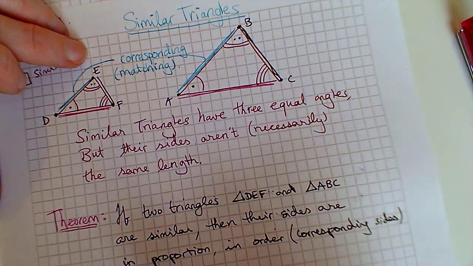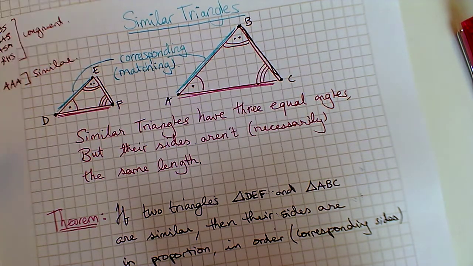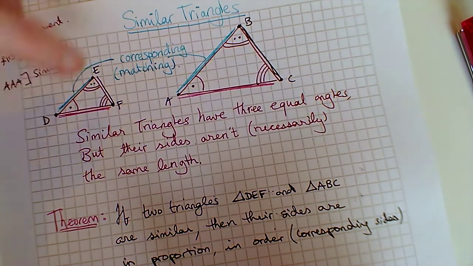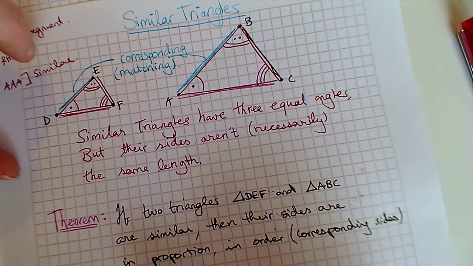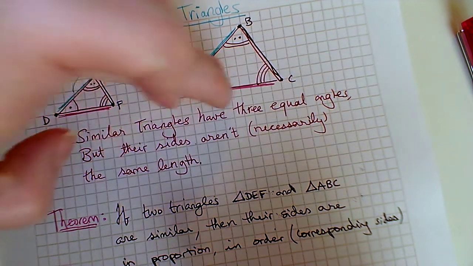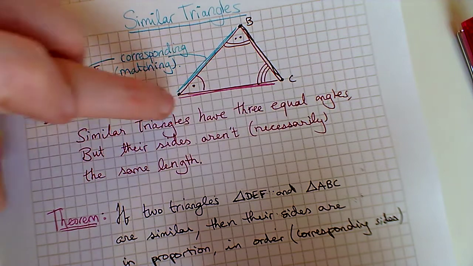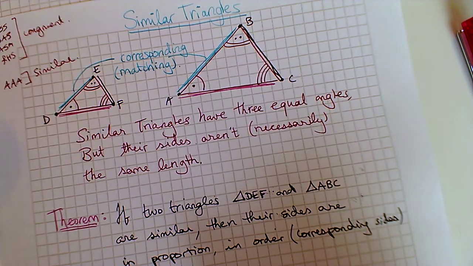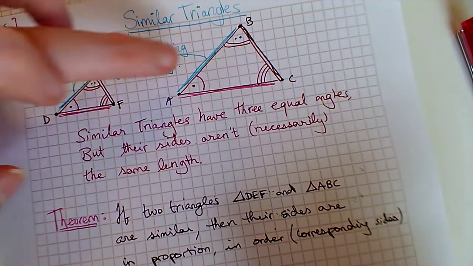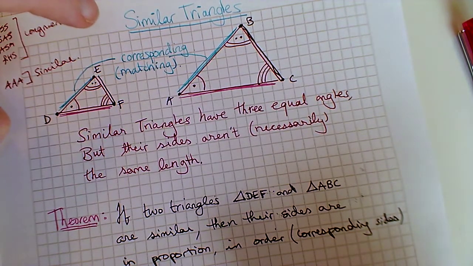So i.e. DE divided by AB is the same as these corresponding sides one over another. DF divided by AC is the same as EF divided by BC.